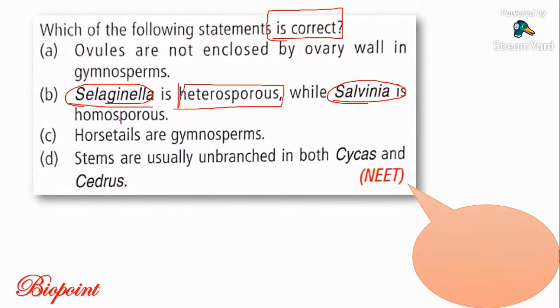They are not homosporous. That is, they produce two different kinds of spores, that is macrospores and microspores.